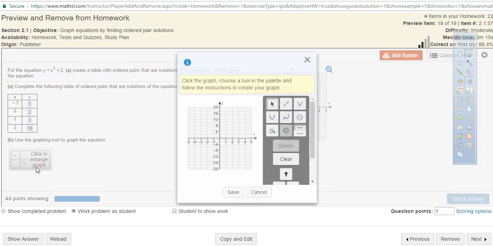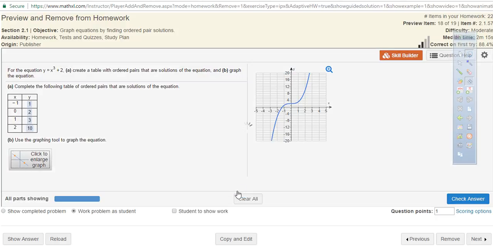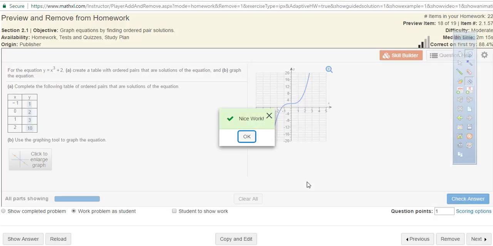So when we click on our tools, we'll grab the little S guy, and then you just start plotting your points. So generally you start at your first one, -1, 1, 0, 2, 1, 3, and 2, 10. Now that gives us our graph. We click save, we check our answer, and we get a good job.